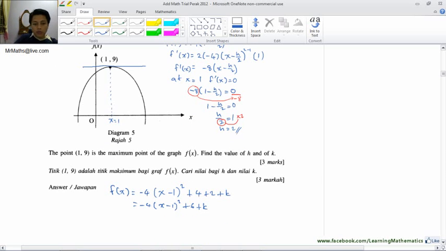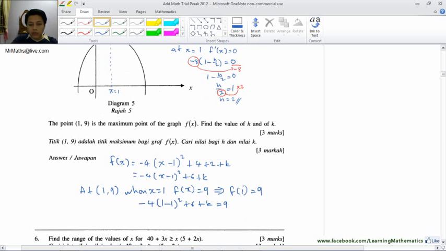Alright, and then what's next? At point 1, 9, when x is 1, fx is 9. Or we can say f of 1 is equal to 9. So minus 4, x is 1, 1 minus 1 squared plus 6 plus k, that is equal to 9.